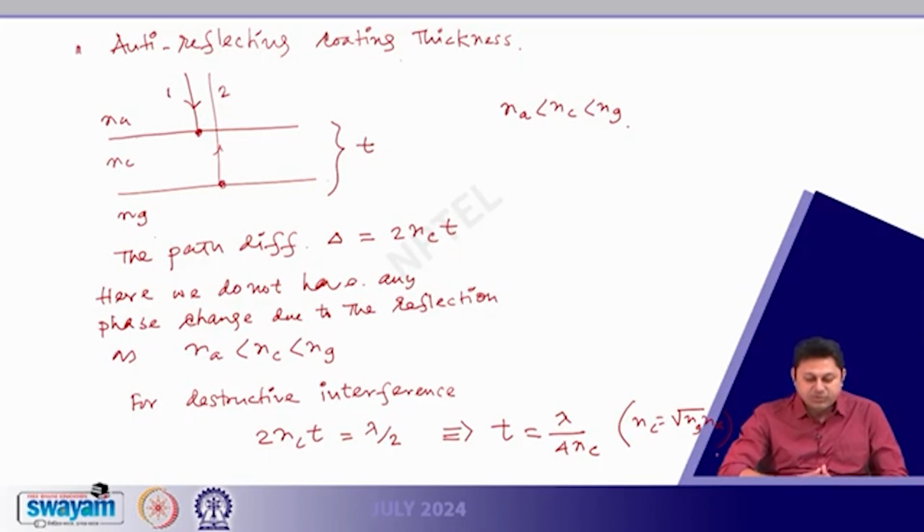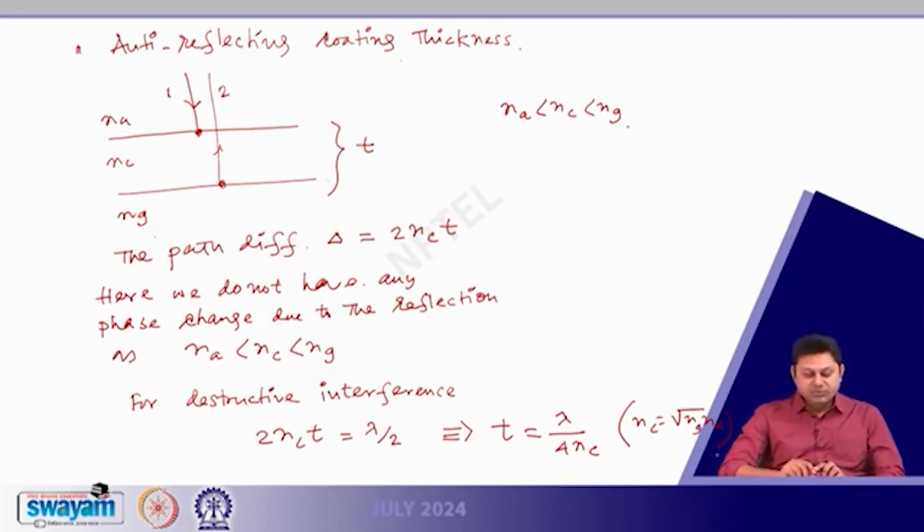Due to amplitude division interference, two rays will interfere, and with this concept it is possible to put an anti-reflecting coating over different systems where we do not require any kind of reflection for different experiments, or in daily life also we want that there should not be any reflection from the glass or any reflective material.